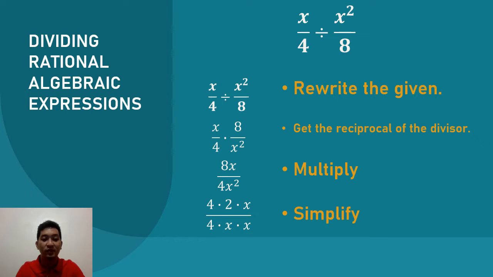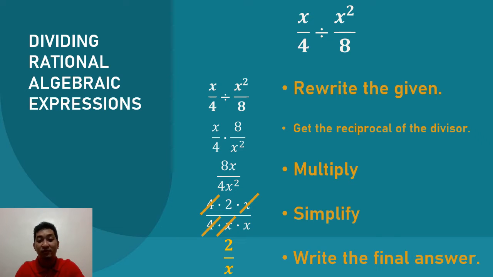So, since the factors of x squared are x and x, it's x times x, x squared. So, after simplifying, you just have to cancel out common terms in the numerator and the denominator. You have 4 and 4, cancel it, and then you have x and x. So, anong natira? You only have 2 over x. So, that will be your final answer. Okay, so now let's go with the task 2.